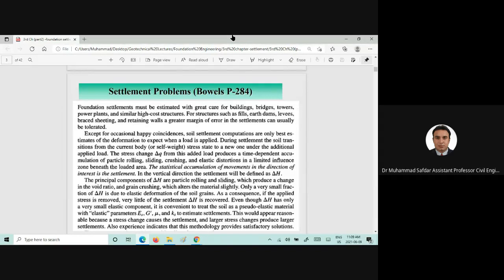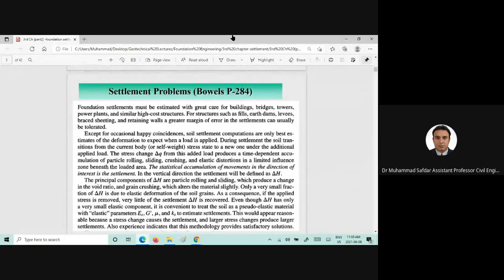Today we are going to continue the settlement problems. In our previous lecture we studied the immediate settlement, the settlement which is caused immediately within a few days in soils. We will continue that topic.